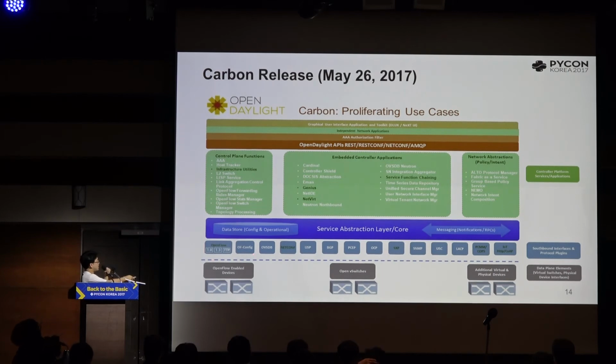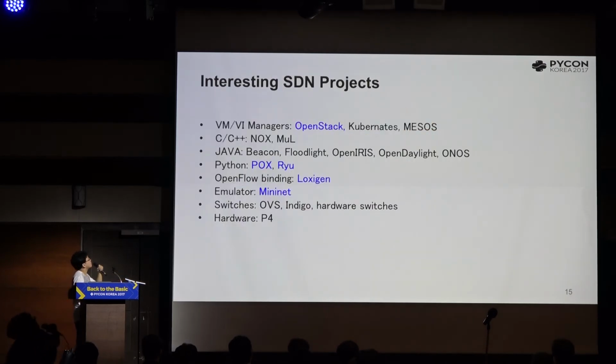But now we have so many: OVSDB, NETCONF, LISP, BGP-LS, and many more. You can even use what's called YANG modeling to make your own southbound protocol. I'm not going to go too much into that for now, but many protocols support being a southbound protocol. Now, OpenFlow is just one of them.